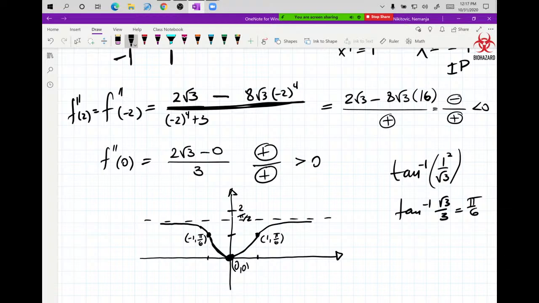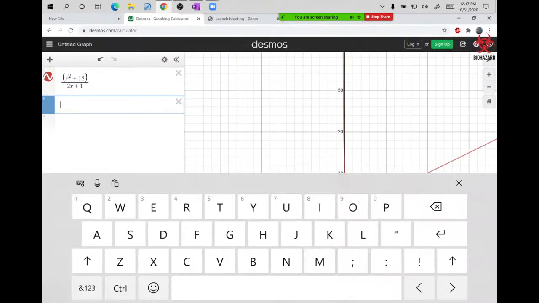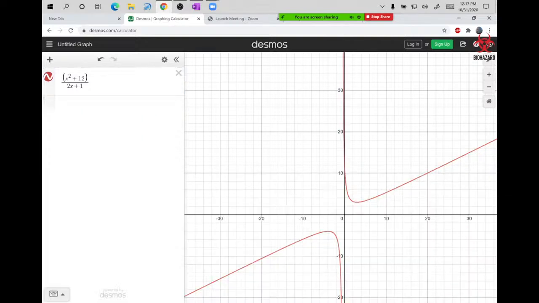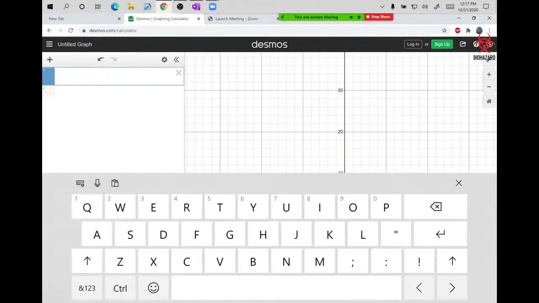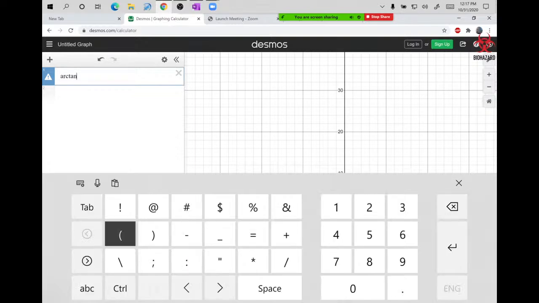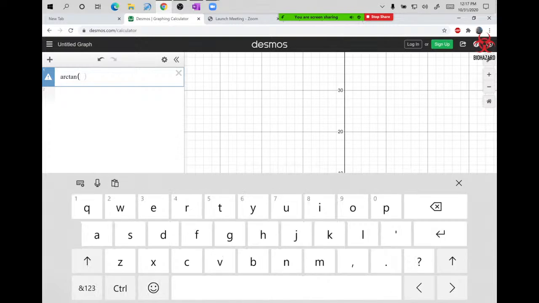All right, let's cheat. We are going to do this inverse tangent. So arctan. You don't like the capital letter, I guess. There we go. Arctan of, we need x squared.